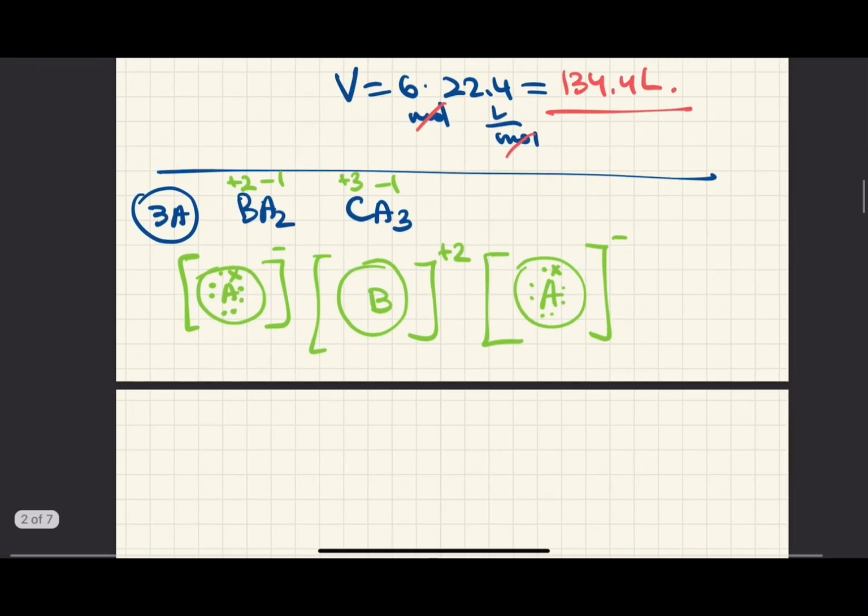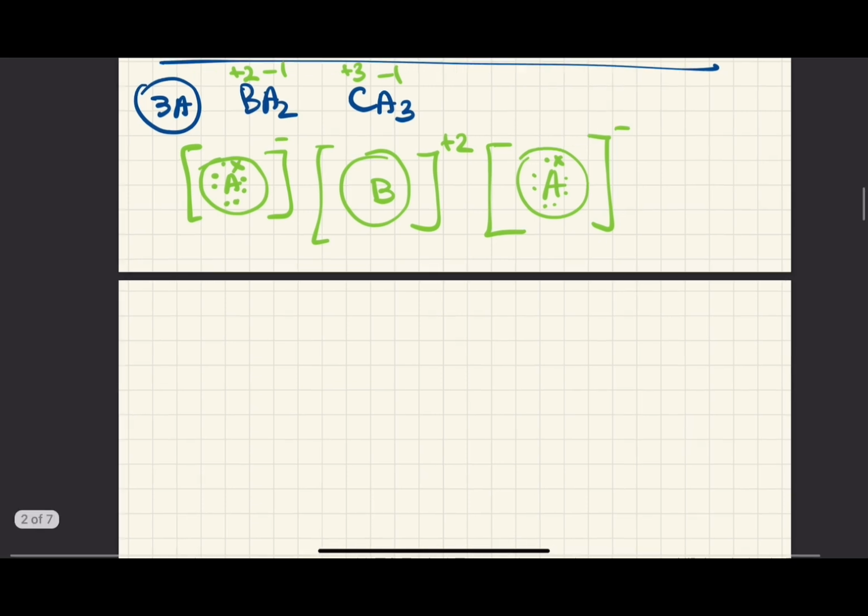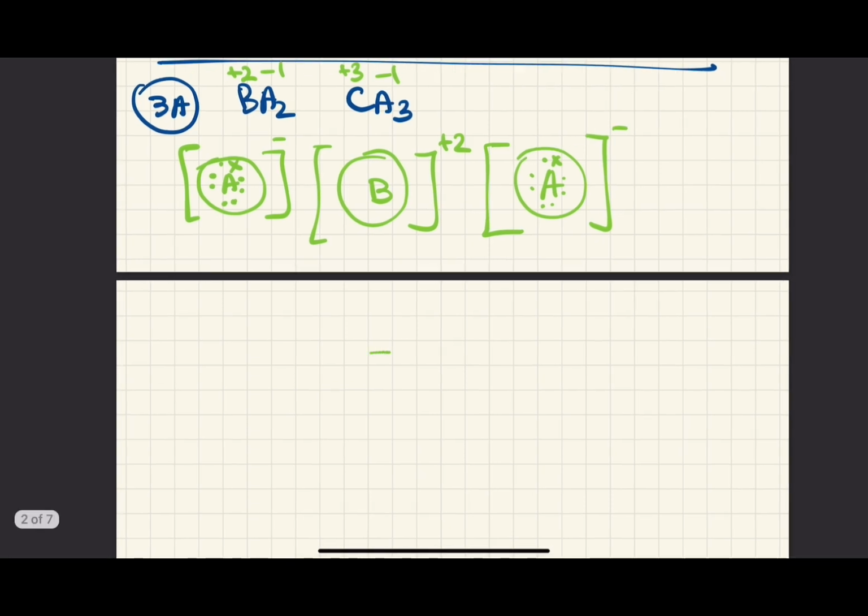Okay, and then for CA3 we have in here, I'm just gonna draw C in the center.